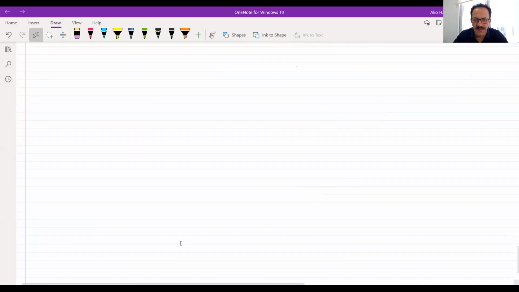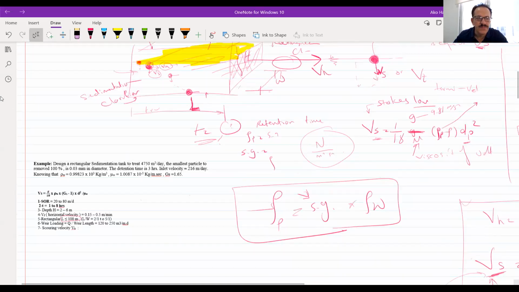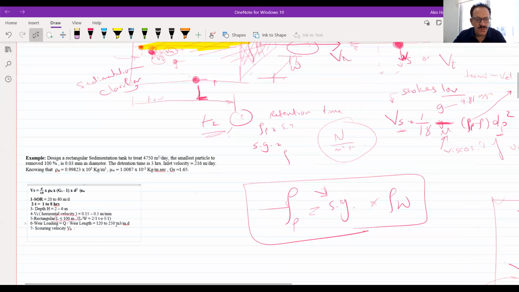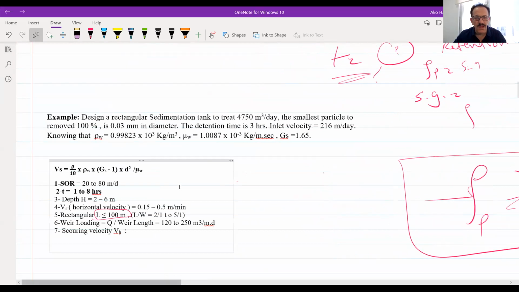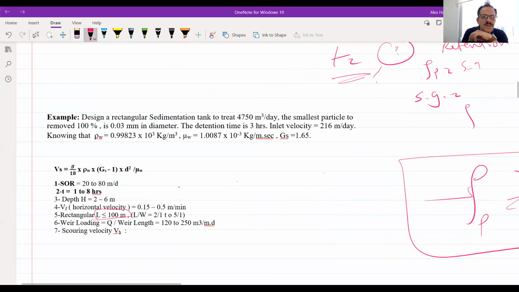I think we have some of the standards. Yeah, let's go to see this example. The question here is asking us to design a rectangular sedimentation tank to treat 4,750 meter cubic per day.